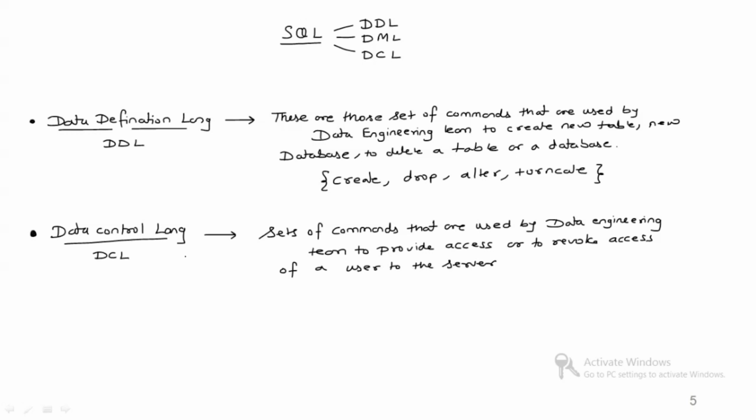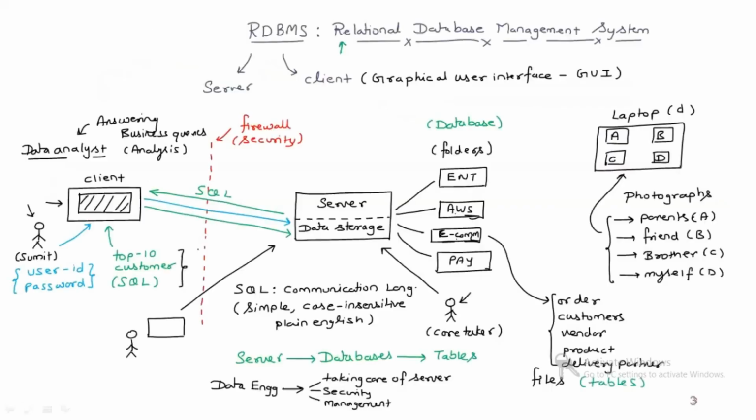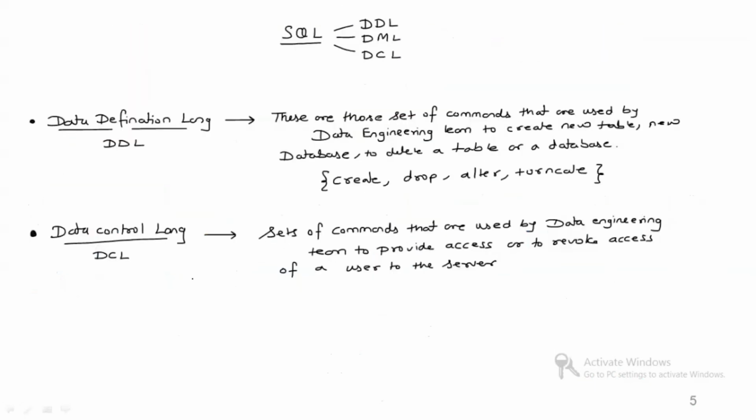Control means who is going to access the data. So who can access the server? The data engineering team will provide or revoke the access for a particular user. Let's say if Sumit wants to access the server, he will be required to go to the data engineering team to get his credentials. Similarly, if a new person is joining, he will be required to go to the data engineering team to get his credentials. That is what this set of commands will do. So here we have commands like grant and revoke.